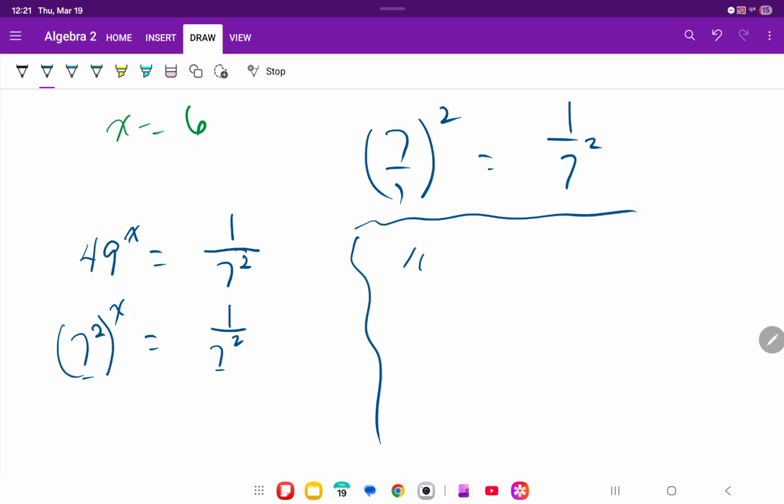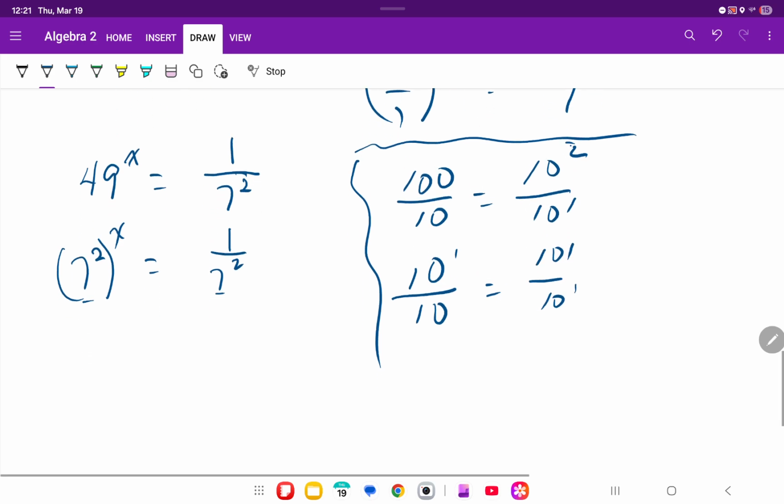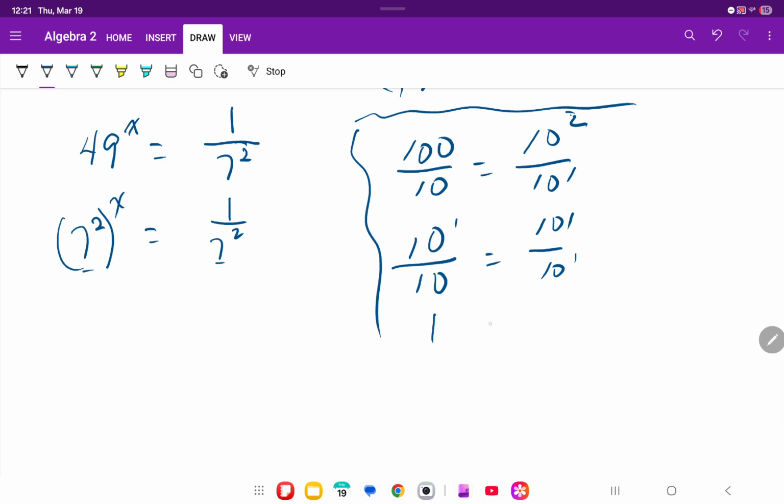If we had 100 and we divided by 10, that would be 10 squared divided by 10 to the first, which gives us 10 to the first power. And if we divide that by 10, we get 10 to the first divided by 10 to the first, which of course is 1, and that would also be 10 to the 0 power.